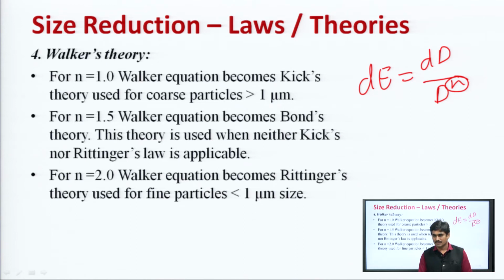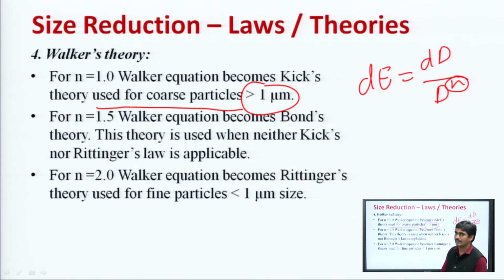If the value of n is equal to 1, then Walker's equation becomes Kick's theory. That means it can be used for coarse particles having diameter greater than 1 micrometer.